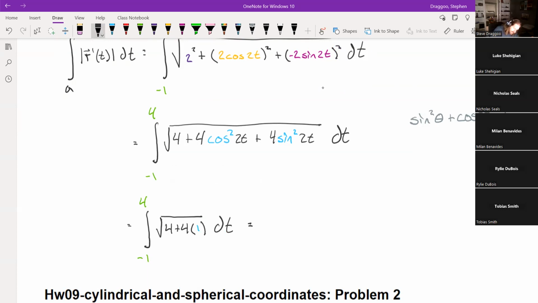And the integral of dt is t. So this is t times the square root of 8 being evaluated from -1 to 4. So that's 5 square root 8.